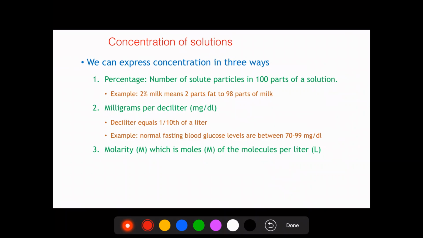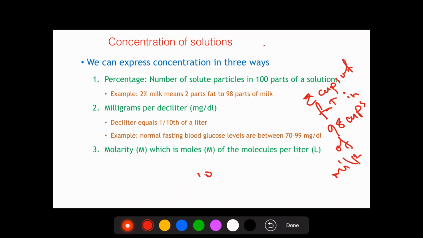Now, there are several ways to calculate the concentrations of solutes. There is the percentage. For example, when they say 2% milk, it means 2 cups of fat and 98 cups of milk.